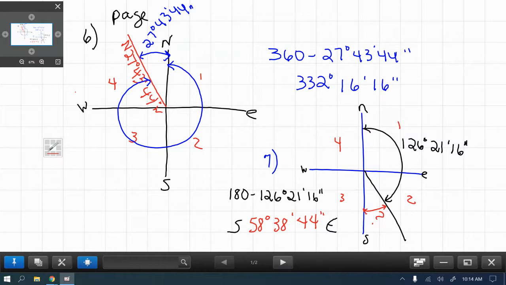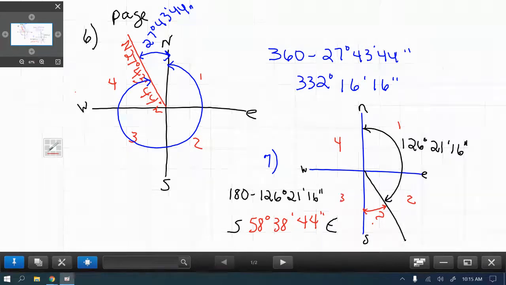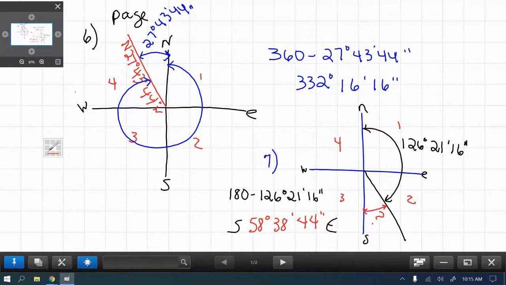And you look like you added 180 and 126 to get 3 something. Yeah, you just added the 2. Where? Number 7. You're looking at number 6 now. Oh yeah, I'm looking at 6 because my 6 and your 6 aren't the same thing.